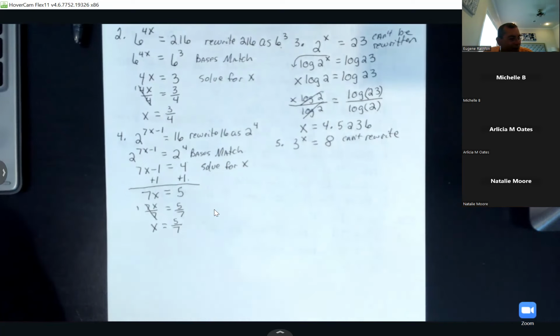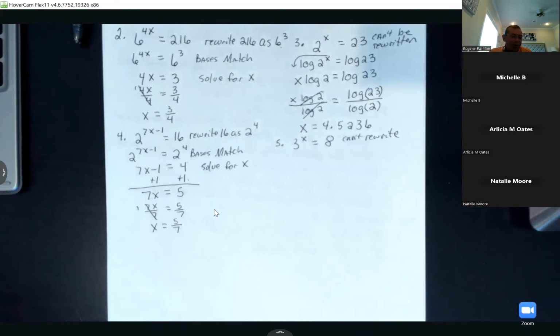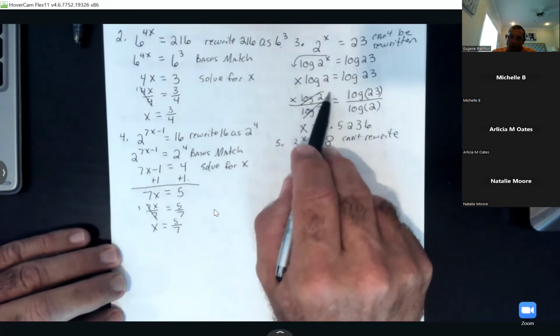The ones that can be rewritten, all they say is type an integer or fraction. So by looking at the answers, if they want an integer or fraction, that means I could rewrite it. But if their answer blank says type an integer or decimal and round the decimal to 4 decimal places, that's telling me that I have to use the log stuff, okay?